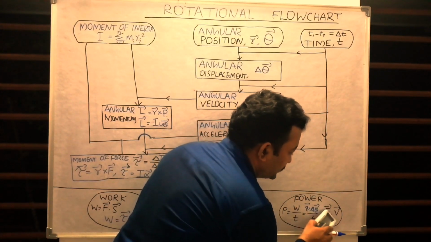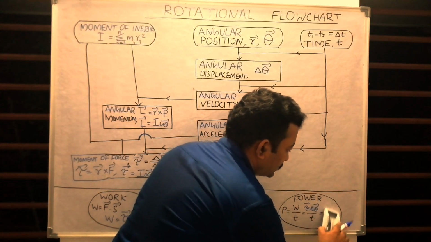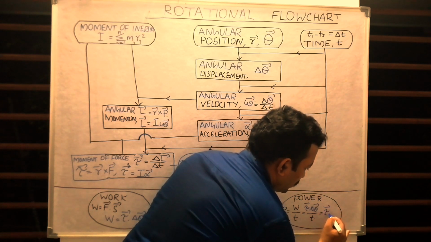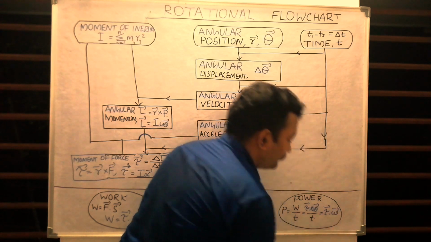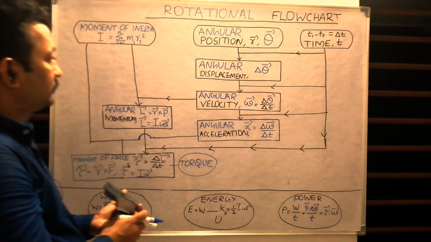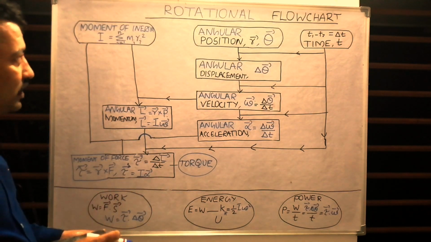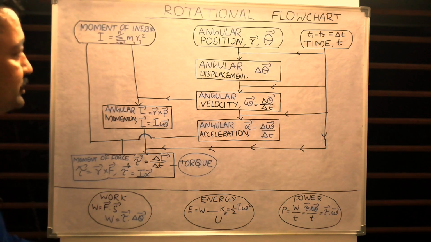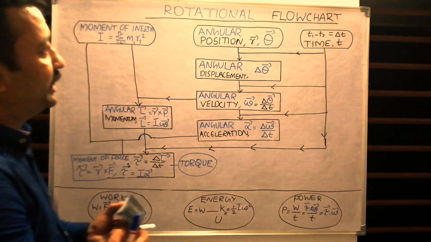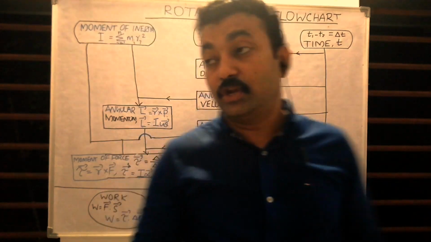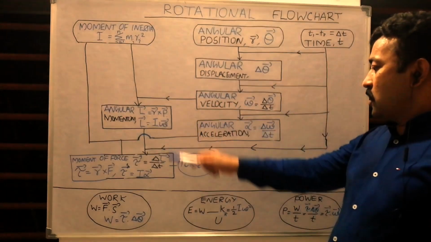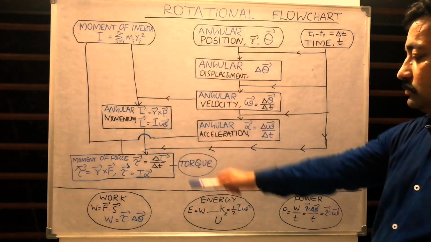So instead of F dot V, this becomes tau dot omega. Yes. So we have got the complete parameters of translation motion, or we call this a rotational flowchart.